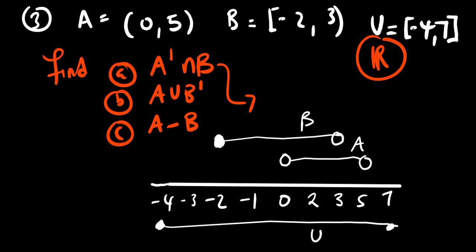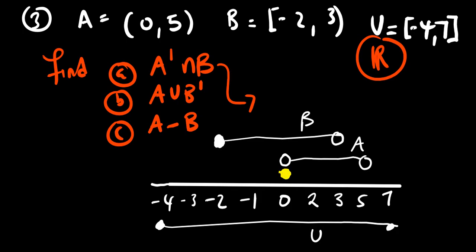Now we're trying to find A complement intersection B. A complement is what is not found in A. So let's put A complement on this diagram. Allow me to use a different color for A complement. Because 0 is not found in A, it means it will be found in A complement.